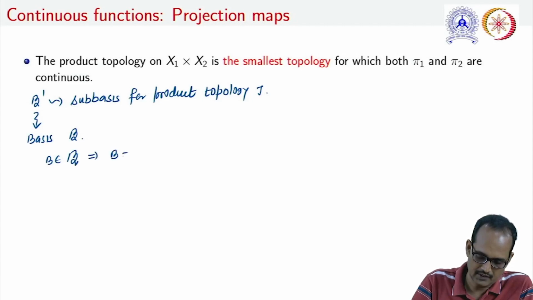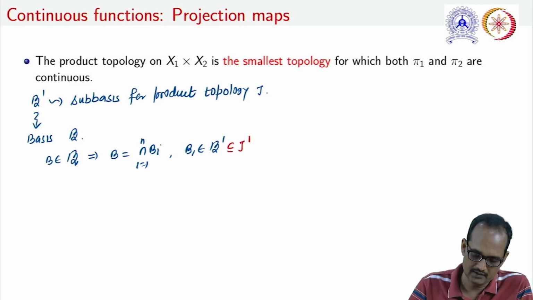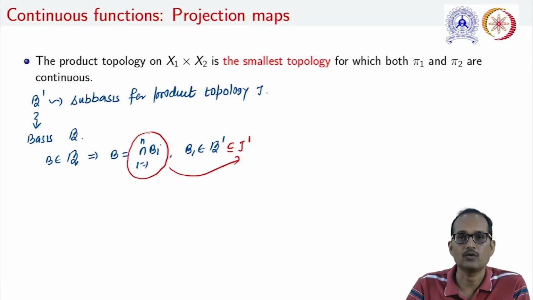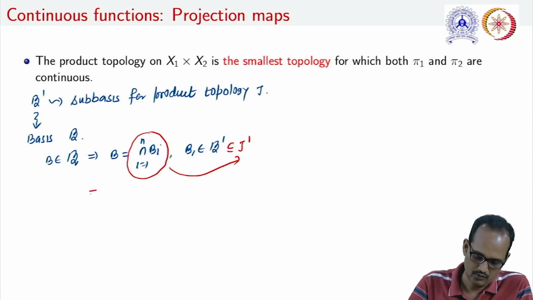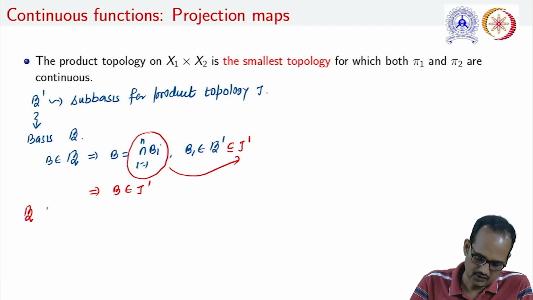This B can be written as a finite intersection of members of the subbasis, that is Bi belongs to this b dash. But what we have already justified, that b dash is contained in tau dash, means that this B is a finite intersection of members of tau dash, and if it is so, we can conclude that B also belongs to tau dash, that is, the basis itself is contained in tau dash.